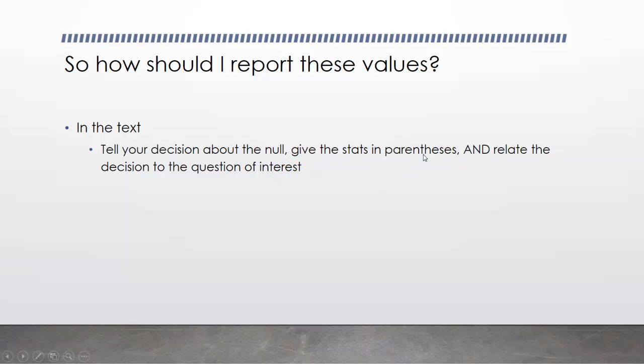And relate the decision to the question of interest. So I always want you to bring back the question you're working on, relate these things to the biology, okay? So you're going to be giving us some statistical results, but don't forget, these things are in the context of a biological question you're trying to answer. And so you want to bring the results back to the original question. So let me give you an example of that.